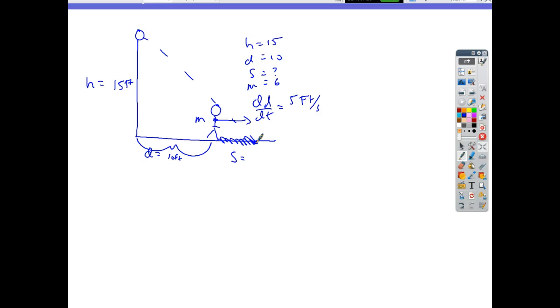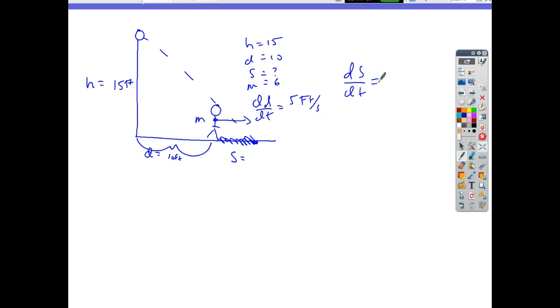The question is, what is the rate at which the shadow is growing? That's dS/dt. That's what we're looking for. I want to know the rate at which the shadow is changing with respect to time. That's dS/dt. Does that make some sense?